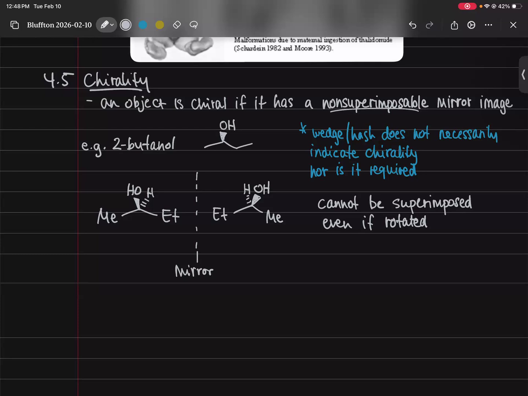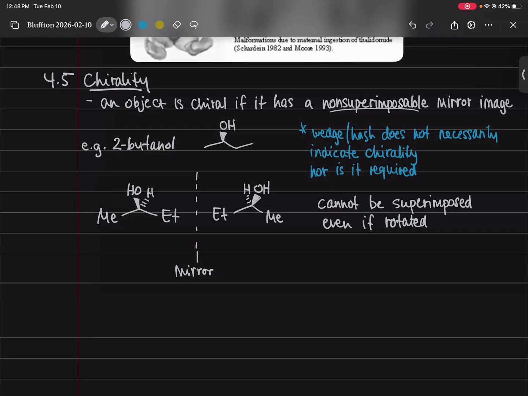So if you say, all right, let's take the first structure and just flip it over like a pancake to get the second structure, let's see if that works. All right, so the methyl and ethyl group are going to get flipped around. That's fine. But what about the alcohol? If the alcohol is coming toward you, and let's say the methyl group's down here, we flip the pancake around.